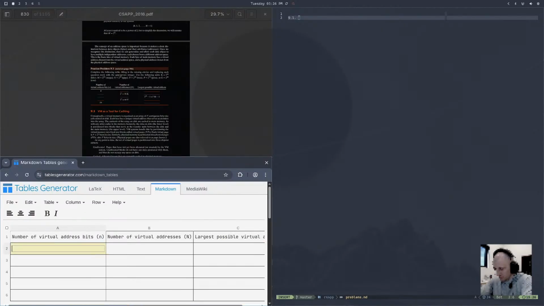Alright, so we go in here, we're going to say number of virtual address bits 4. Just going to fill in all these blanks. 2 to the power of question mark is equal to 16k. 2 to the power of 24 is equal to m question mark.